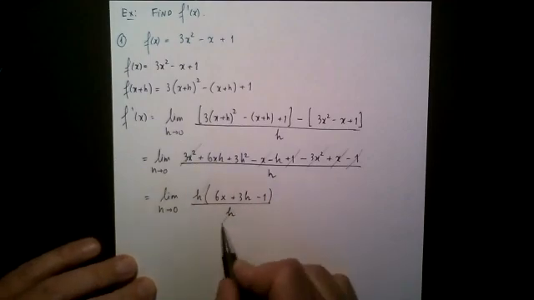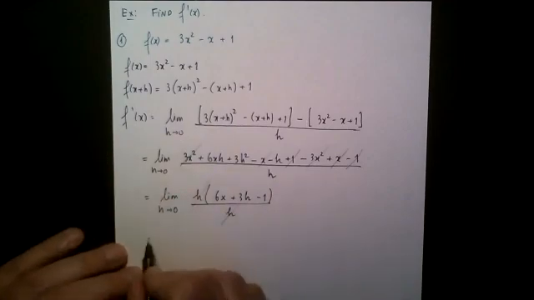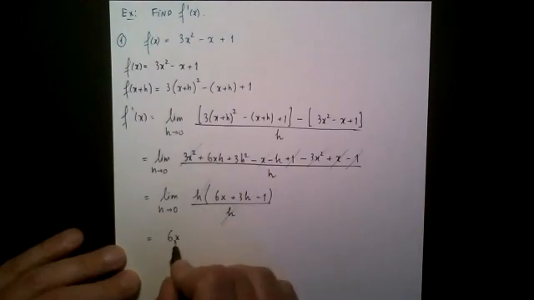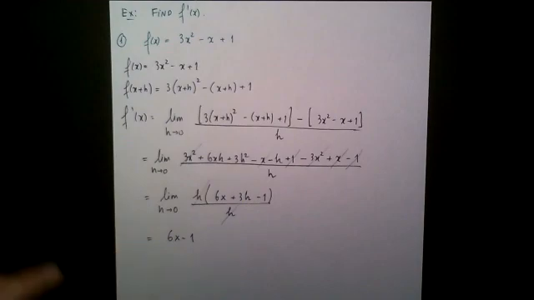The h's are out. And then plug in h is 0 to what's left. So this term disappears. I'm left with 6x minus 1. And that's my answer. That's the answer that about half of you guys got.